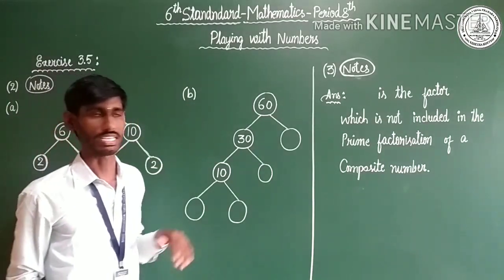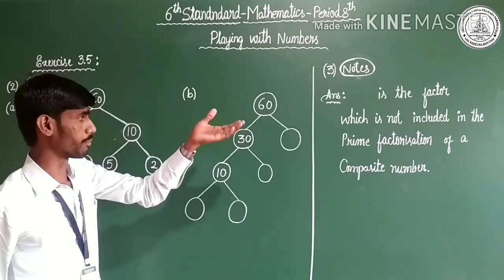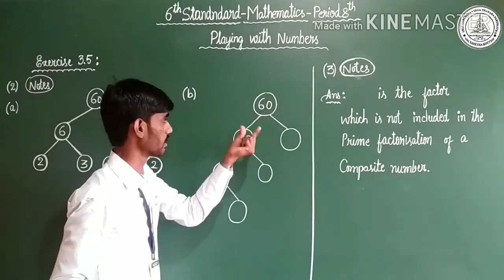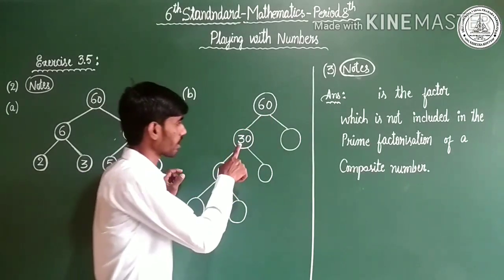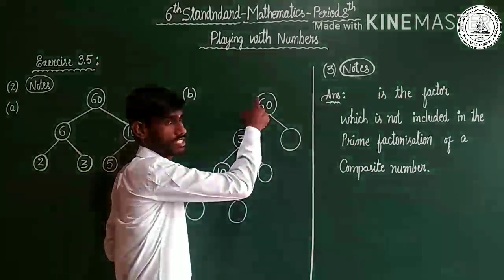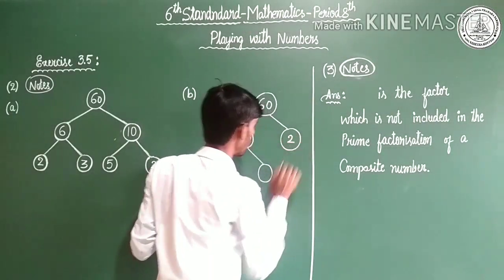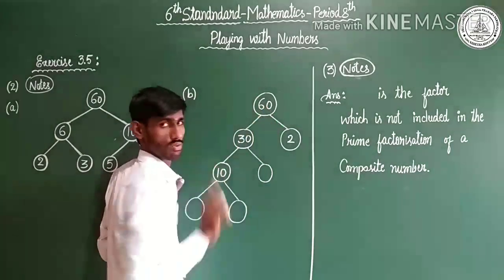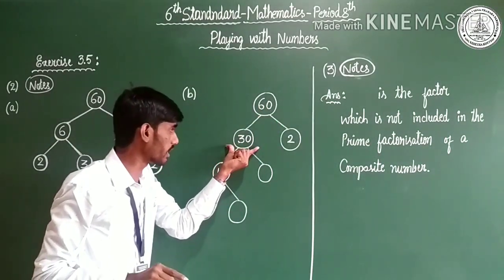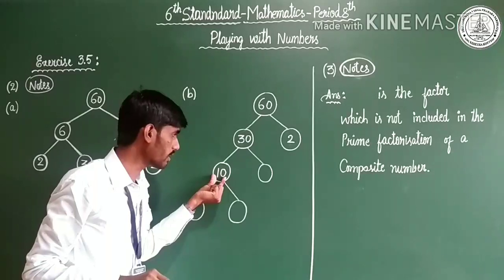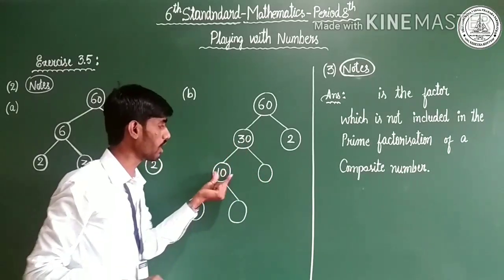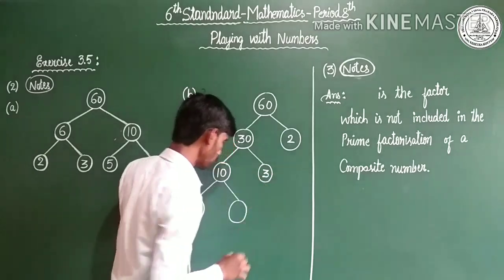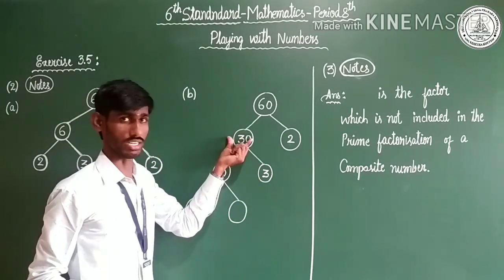Next, 60 we need to represent in prime numbers. 60 can be written as 30 times 2, and 30 can be written as 10 times 3.